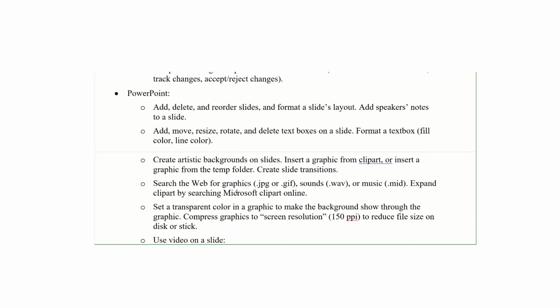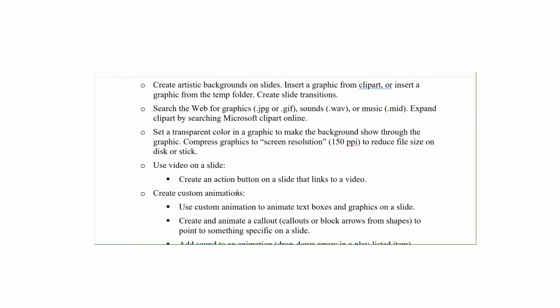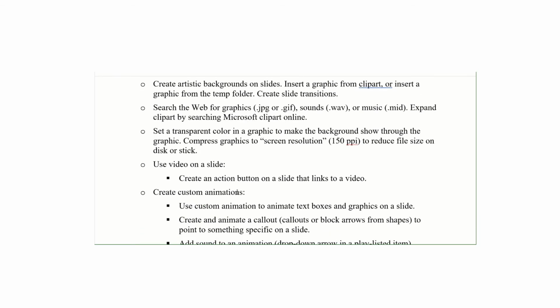Then we went into PowerPoint, and we looked at all the basic things you can do with slides, with text boxes. We looked at artistic backgrounds on slides, because we said that one thing that can set your PowerPoint apart from that of many other people is what you do in terms of the artistry. And then we looked at things like slide transitions in that process as well.